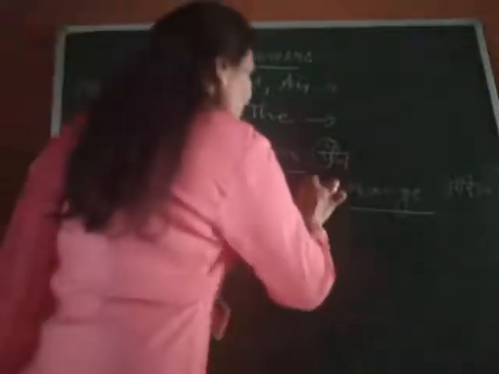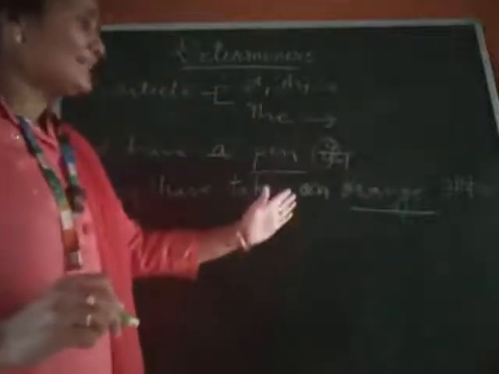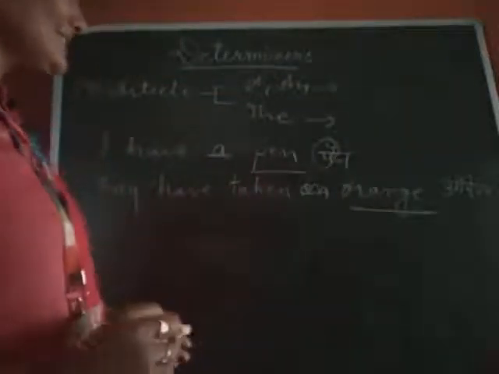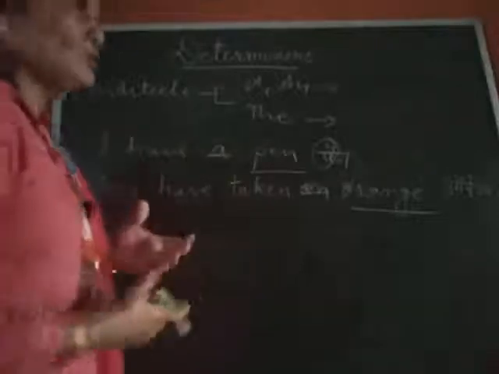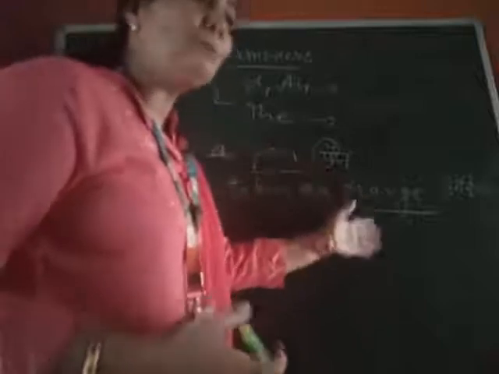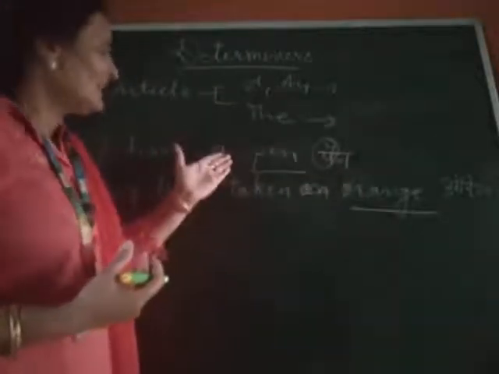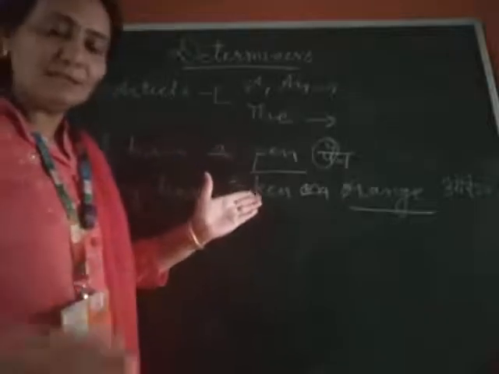And next, they have taken orange. It is pronounced orange. It starts with a vowel and gives the vowel sound also. The sound of the first letter is the vowel sound.